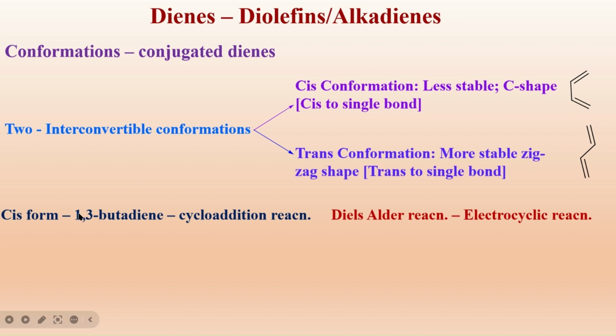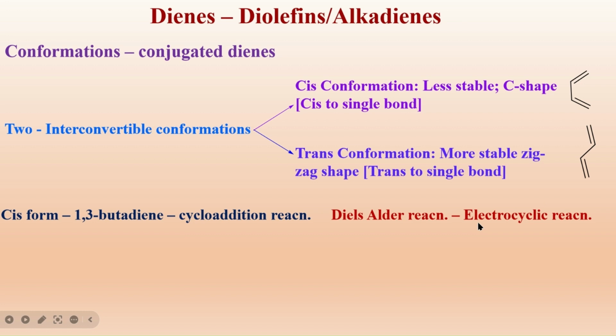A butadiene in cis conformation reacts with an alkene to give a cycloaddition product. In the formation of this cycloaddition product, the electrons in this double bond, preferably the pi electrons in the double bonds in butadiene and the alkene, move in a cyclic manner.